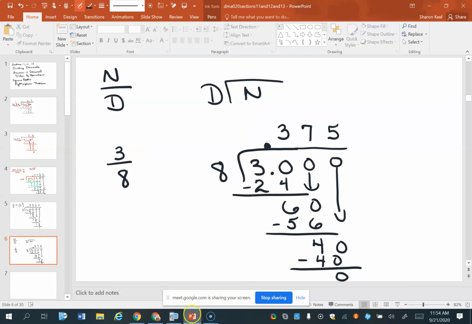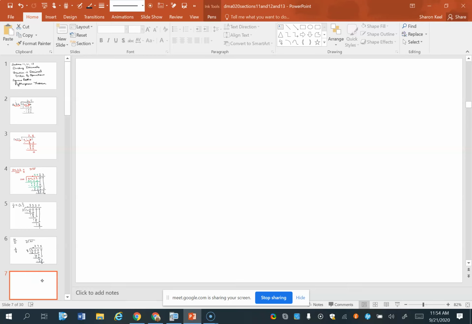If you have a mixed number, let's say we have 7 and 1/2. If we want to convert that, first we would convert this back into an improper fraction. 7 times 2 is 14, and 14 plus 1 is 15 over 2.